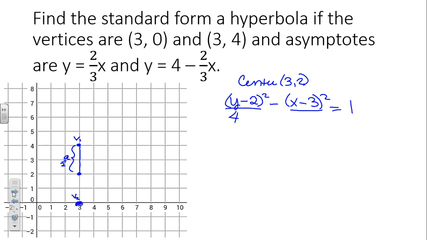Does that make sense? We're going to be rising 2 and running 3 to make our asymptotes. So b squared will be 9. You could sketch your diagonals.